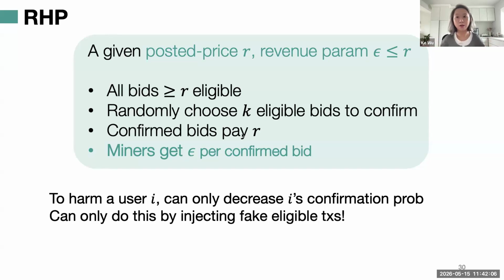So if I want to harm this user, all I can do is decrease its confirmation probability. But this random choosing process is implemented by the multi-party computation. So all I can do to decrease its confirmation probability is to inject fake eligible transactions. But as we just discussed, injecting fake eligible transactions will only decrease my own utility. So I cannot really harm any other honest user without harming myself.